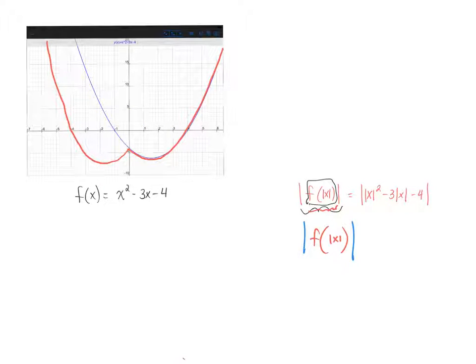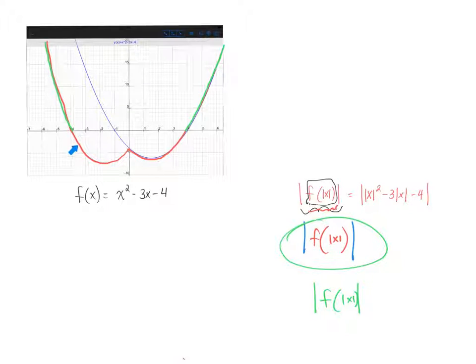So I guess I'll try to draw my final guy. Maybe I'll try this lime green color here. I'm going to make this graph in lime green. It's going to be the absolute value of f of the absolute value of x. I'm just going to go pretty thick here so we can really see what it looks like. This stuff is unchanged, this stuff is unchanged, because we have positive y values there.